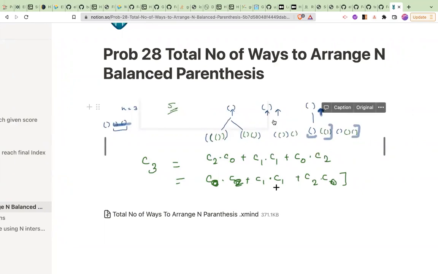Sorry. Yeah. So I was saying that you have to place two balance parentheses, right, either at position A or at B. You cannot place both the parentheses inside A because that combination is here, right? So you have to place two balance parentheses, and you have to choose where you should place them.